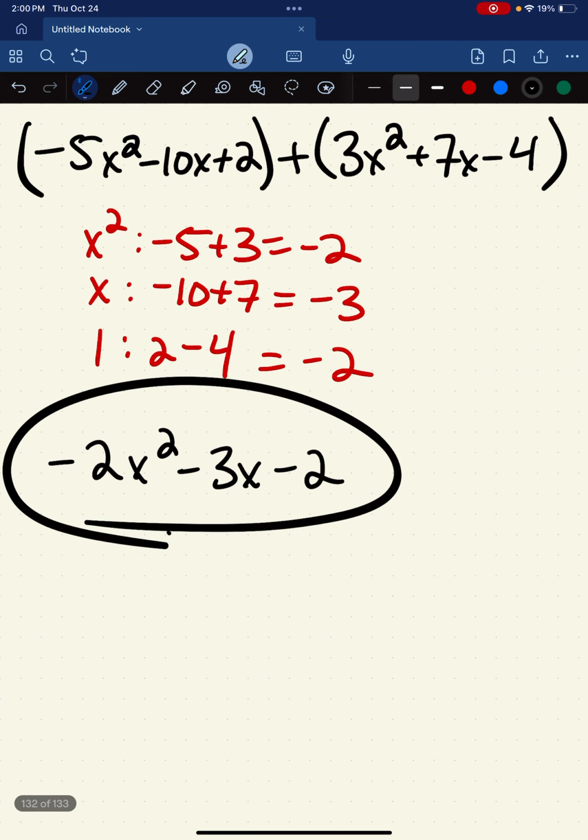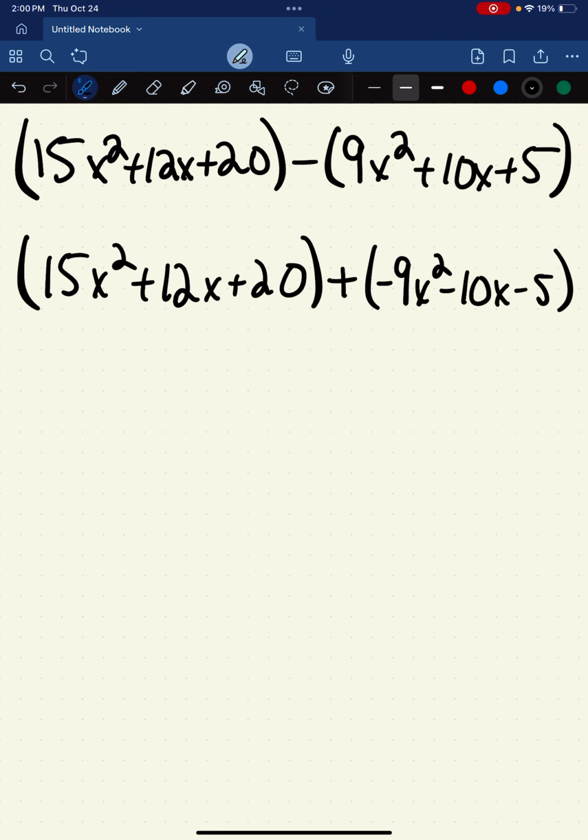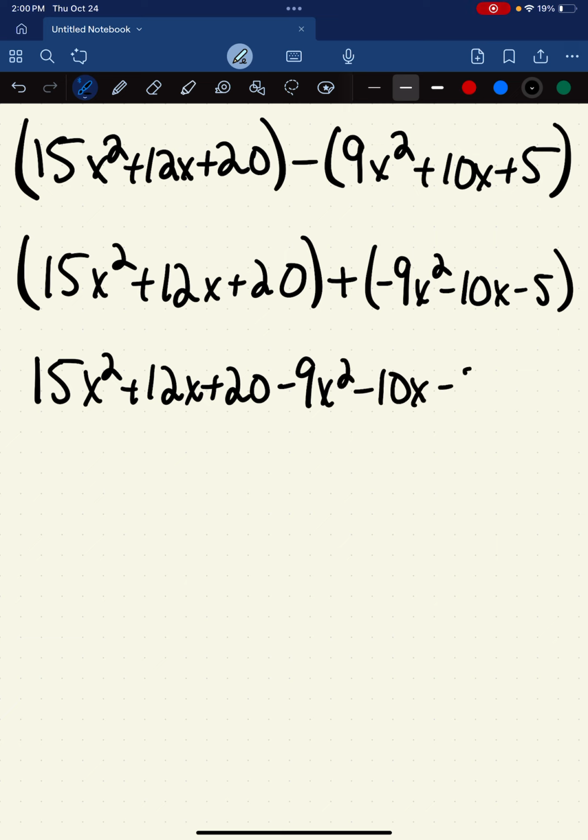Next thing we're going to do is use the associativity property of addition, which we used back here in this example. I didn't write it out. And we get 15x squared plus 12x plus 20 minus 9x squared minus 10x minus 5. Okay, use the commutativity property.